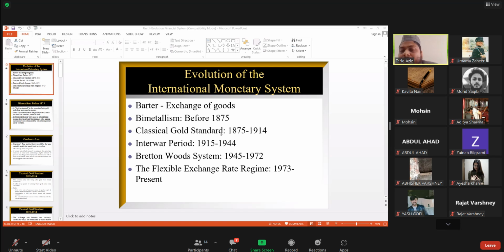The supply of gold cannot be increased dramatically because the gold reserves in the world are limited, and unless some very big reserve of gold is found and mined, no country can print additional money. That was the system in the classical gold standard.